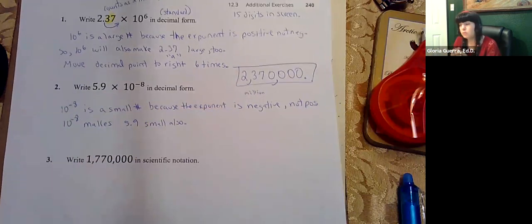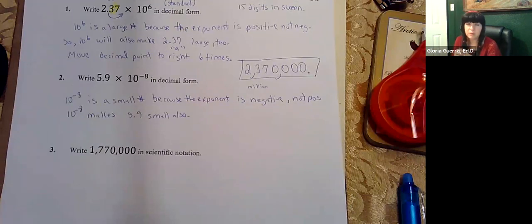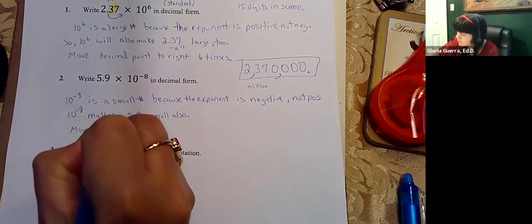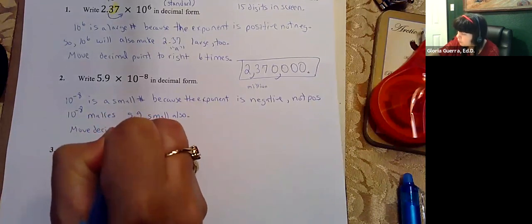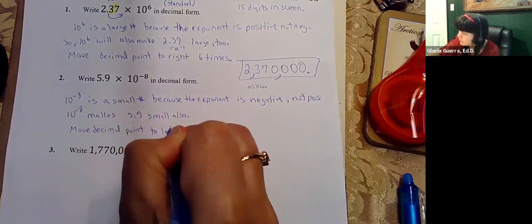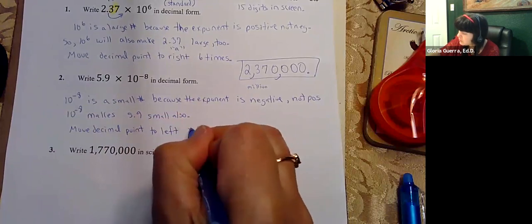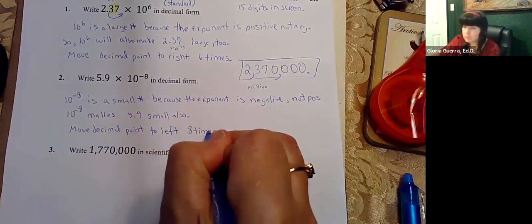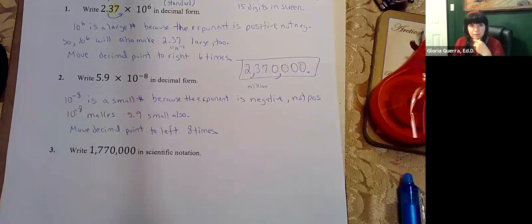Okay, so you have to think, well, how do I move my decimal so that I make 5.9 become something small? That means you want to move your decimal point to the left 8 times, because remember that was 10 to the negative 8.